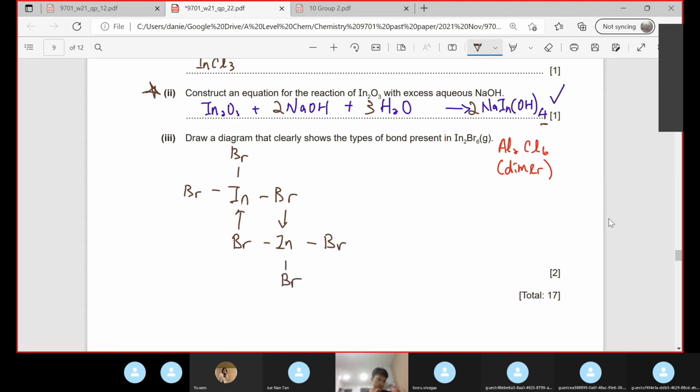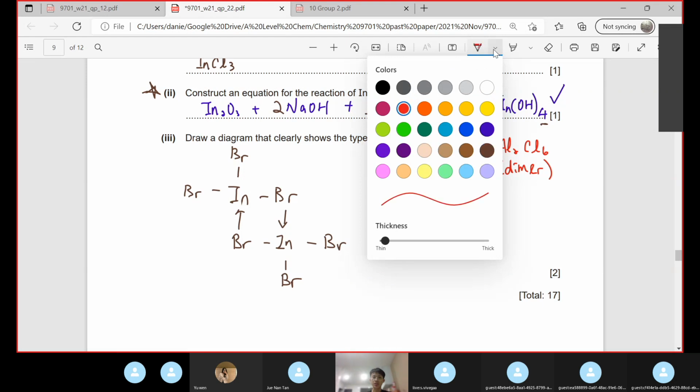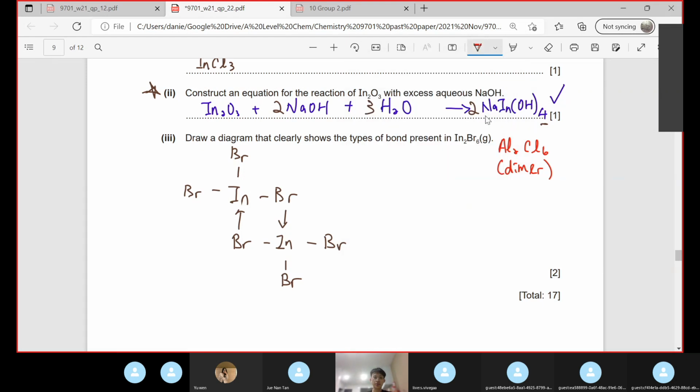Okay, so this is the structure for the In2Br6. 1 mark as long as you show the correct structure. Another mark is given to the dative bond or the coordinate bond. Okay, that will be question 2.